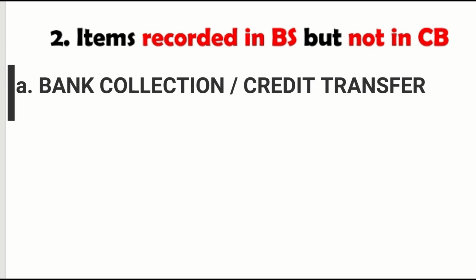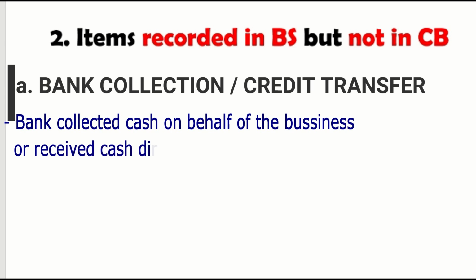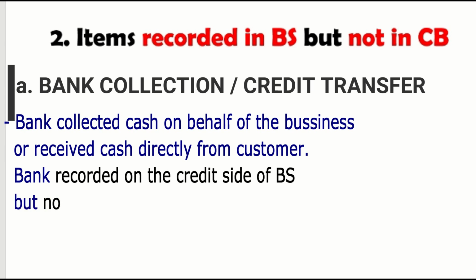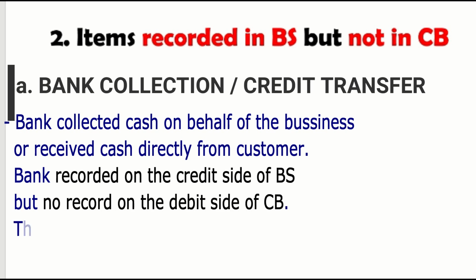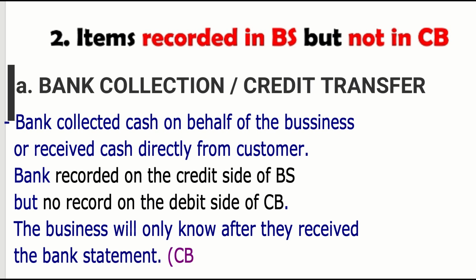This is where the bank collected cash on behalf of the business or received cash directly from a customer. Bank recorded it on the credit side of bank statement, but there is no record on the debit side of cash book. So the business will only know after they receive the bank statement.